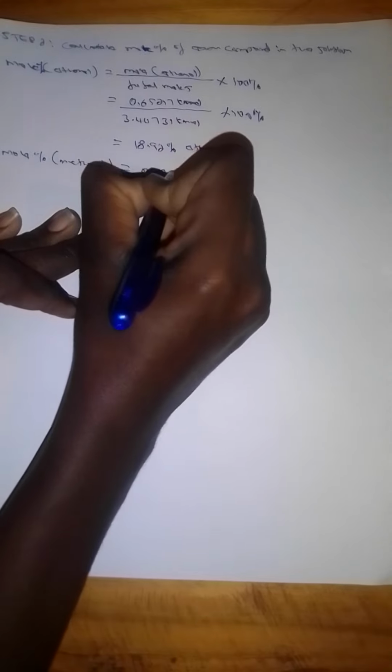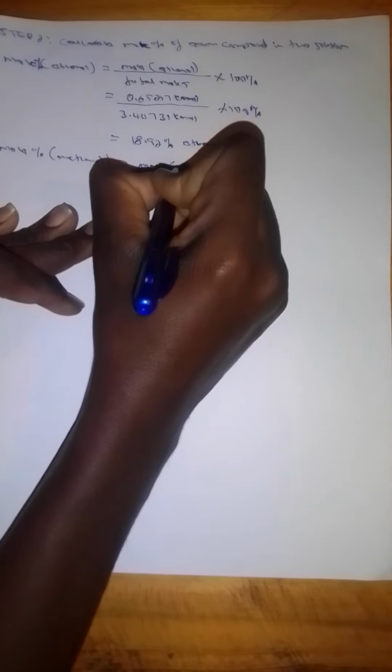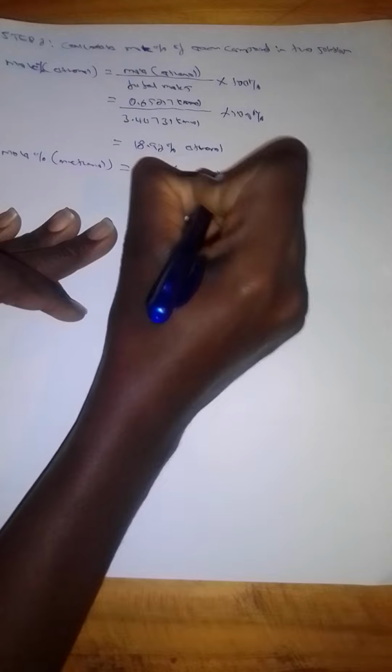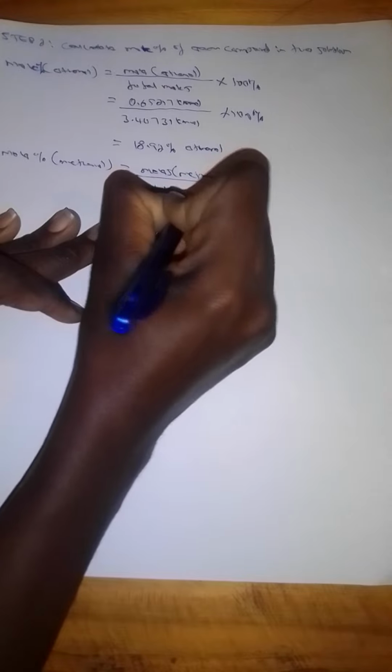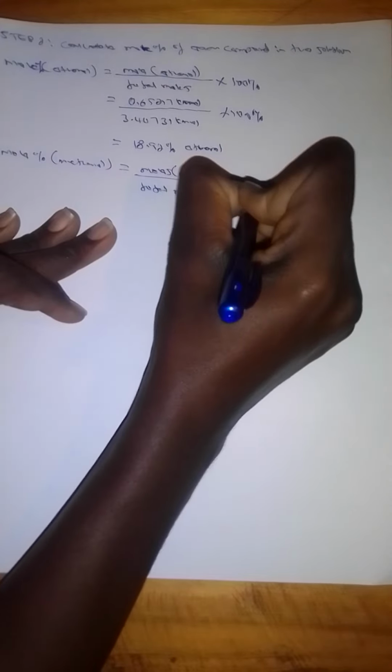Now our second one is mole percent methanol. It equals the moles of methanol all over total moles multiplied by 100%.